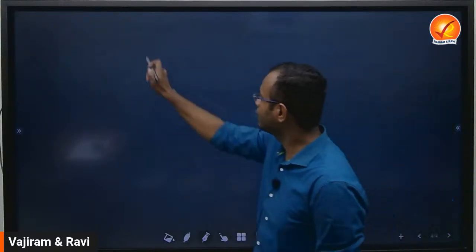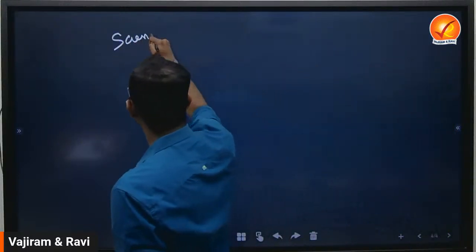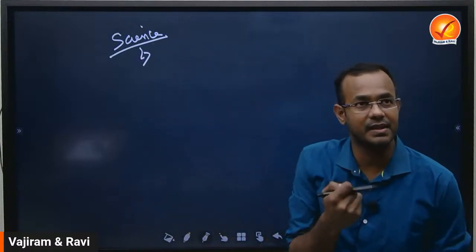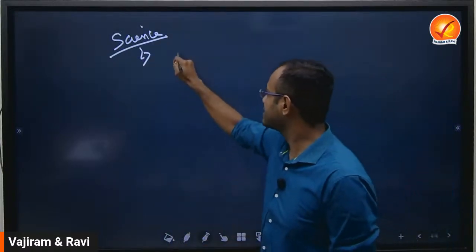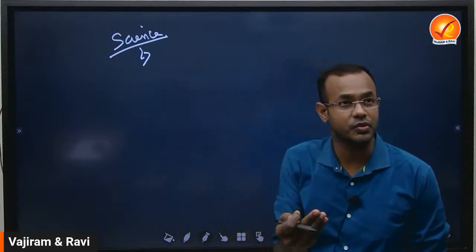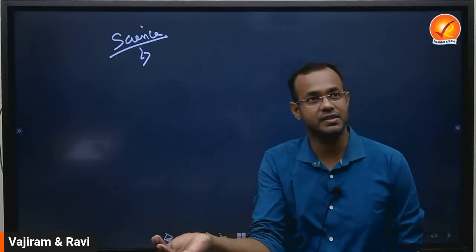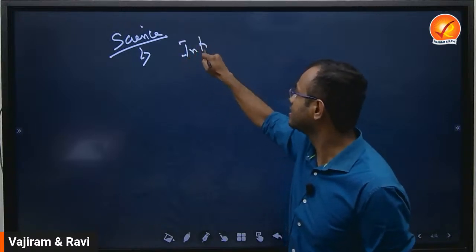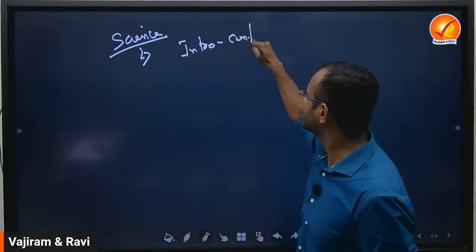Second, how to write science is something we'll discuss. I will give you a very simple example of writing science. If you are an arts optional student and have written any of the arts optionals in civil services a couple of days before, you will write an introduction, the context to the question.